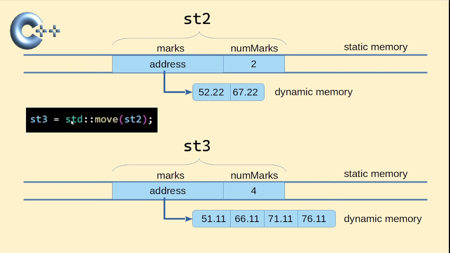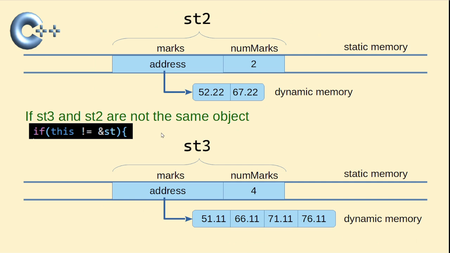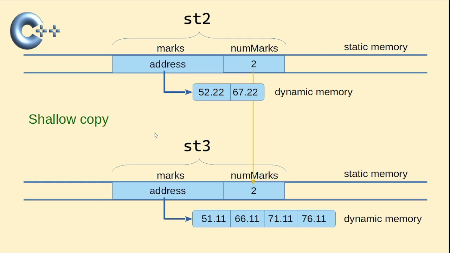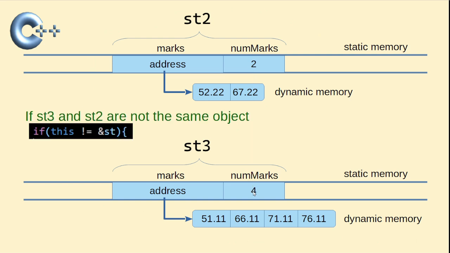Now when we execute this statement st3 equals std::move(st2), what happens here is, first it checks if st3 and st2 are not the same object. If they are not the same object, then it will perform shallow copying of the number of marks. So 2 is copied here. Previously it was 4.